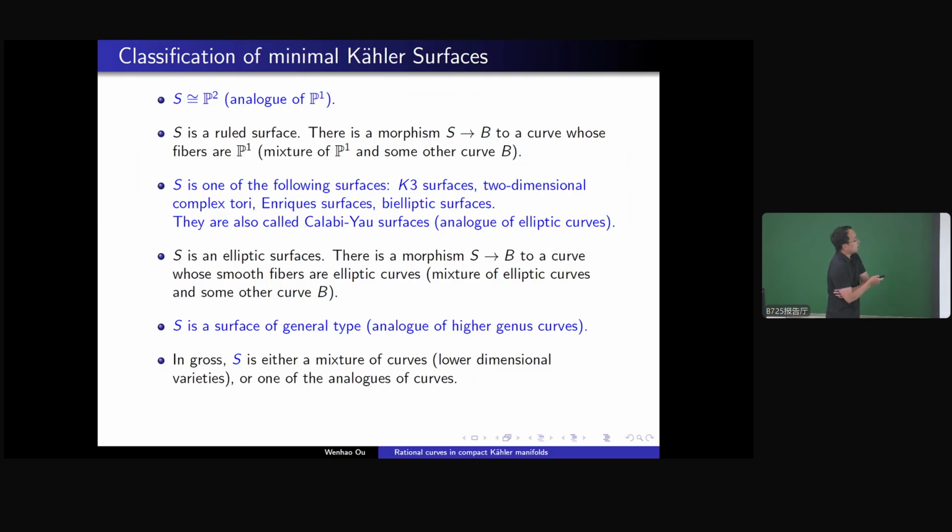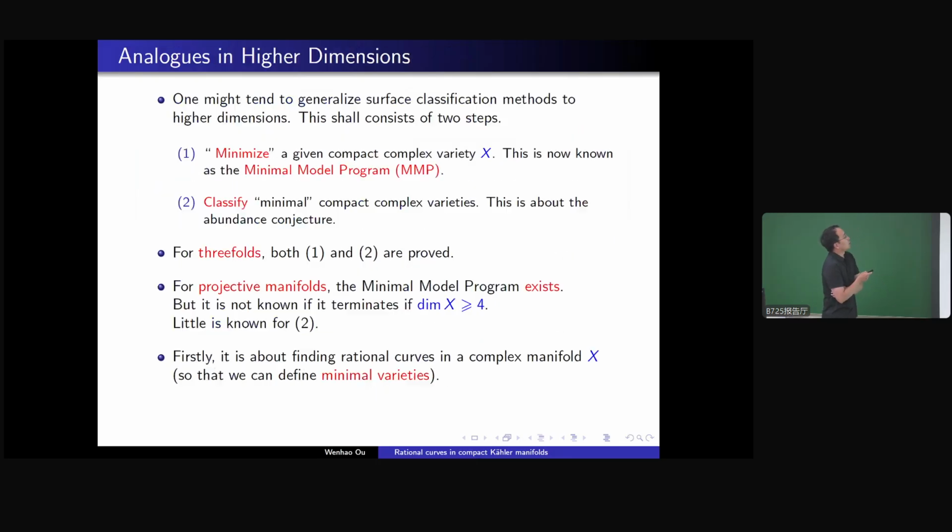So after all, the theory works very well for surfaces. Now we want to proceed further to higher dimension. We want to generalize the surface classification method to higher dimensions. If we review the classification of surfaces, we see that this mainly consists of two steps. The first step is to minimize a given compact complex variety or manifold.